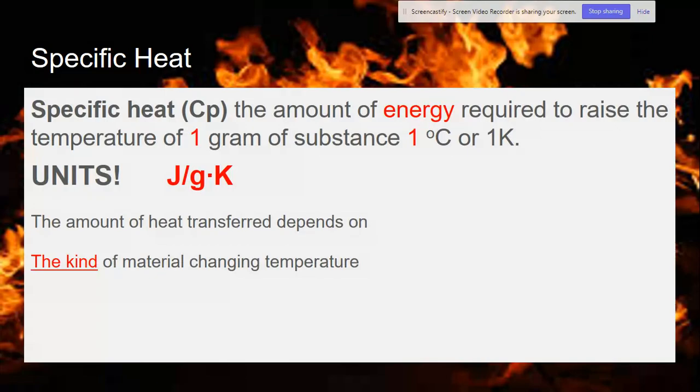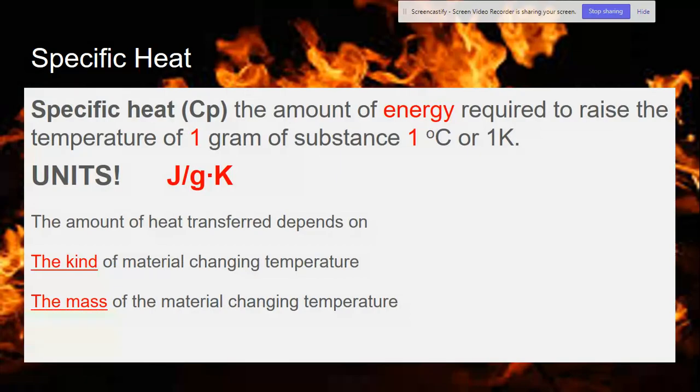And this is telling us that how much heat can be transferred from something depends on the kind of material that's changing temperature, right? You can grab on the styrofoam in an oven and not hurt yourself. You can grab on the wood in an oven and probably still not hurt yourself. The issue is if you grab onto some metal or glass or tile, then you might hurt yourself because those things hold heat better than the others that I mentioned earlier.